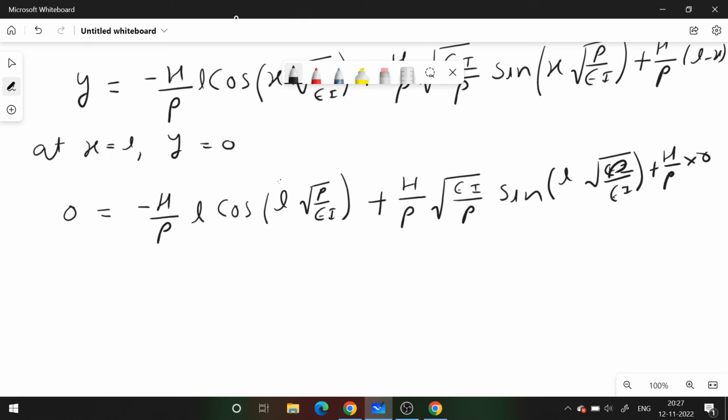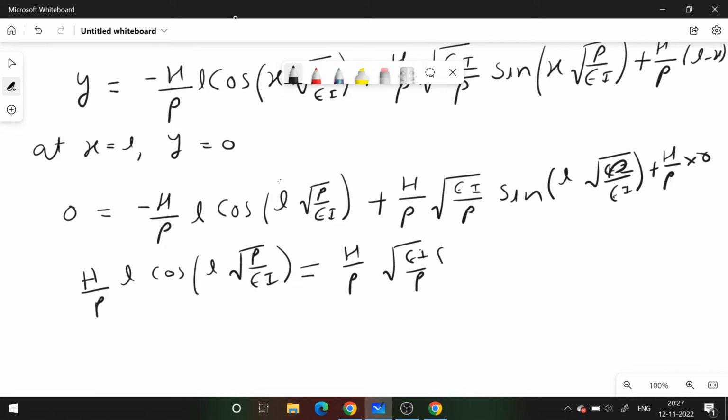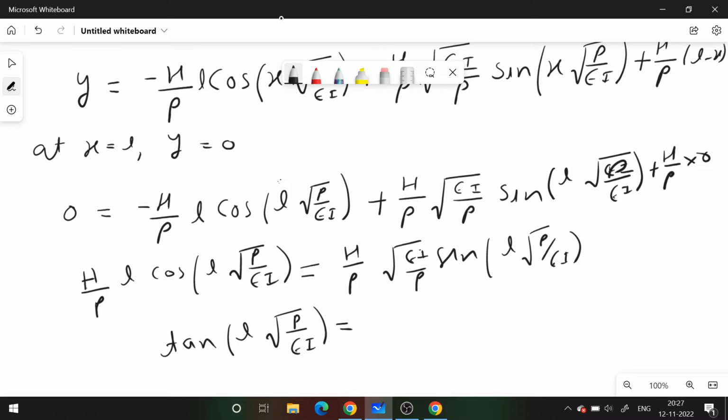Now from here, H by P L cos L under root P upon EI is equal to H by P under root EI upon P sin L under root P upon EI, or tan L under root P upon EI is equal to L under root P upon EI.